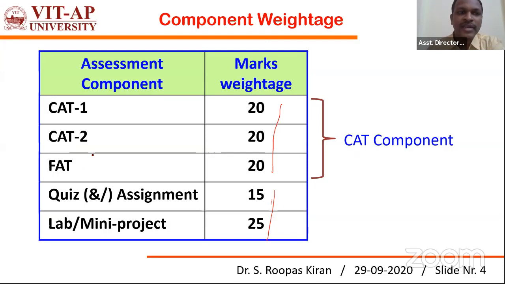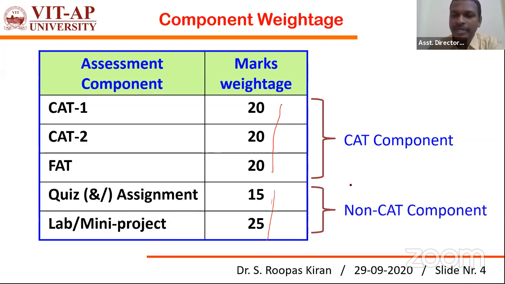Previously we had three CAT examinations, CAT 1, CAT 2, CAT 3, and that word is still in continuation. The total of these three examinations is the CAT component, and the rest is the non-CAT component, other than the CAT component.